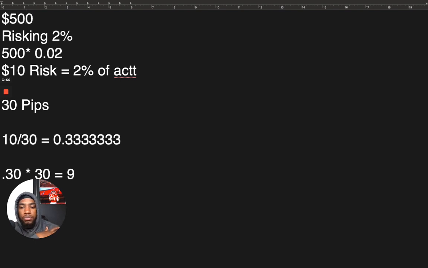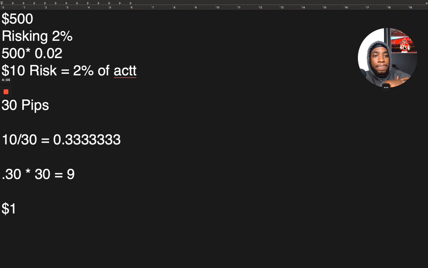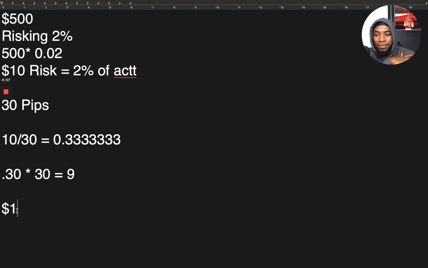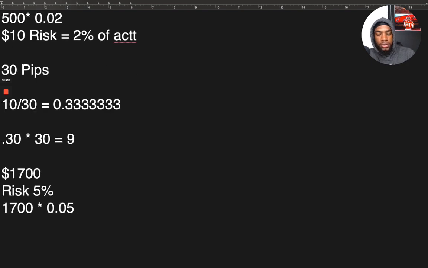let's do another example. Let's just say you had like a $1,700 account, and you want to risk 5%. Going to take 1,700 times 0.05. That is going to give us 85, right?